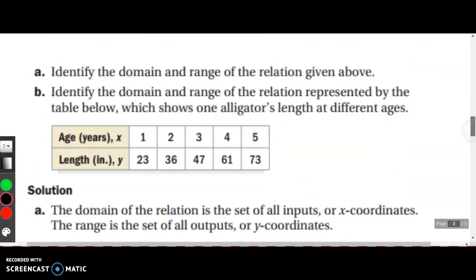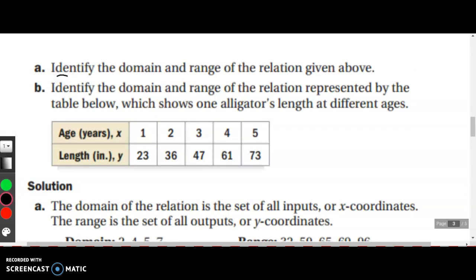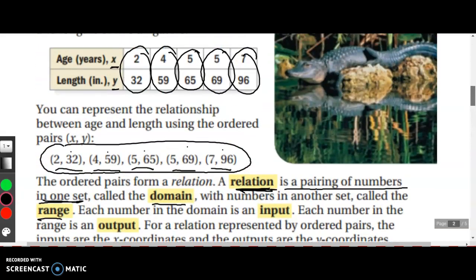Okay? So, if you are asked to identify the domain and range of a relation given above, so if we go back up here, the domain would be 2, 4, 5, and 7. Notice how we didn't have to repeat the 5. We don't have to say that we have 2, 5 values.